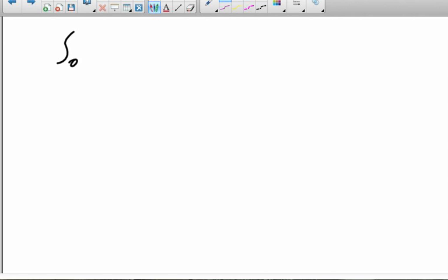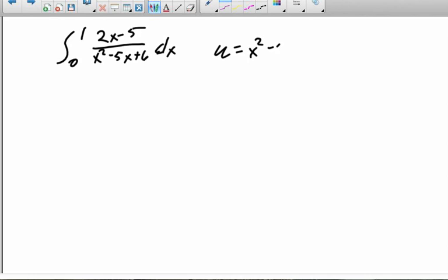Integral from 0 to 1 of 2x minus 5 over x squared minus 5x plus 6 dx. And again, you'd be tempted, this is a nice little u sub, where my u is x squared minus 5x plus 6. du is 2x minus 5.